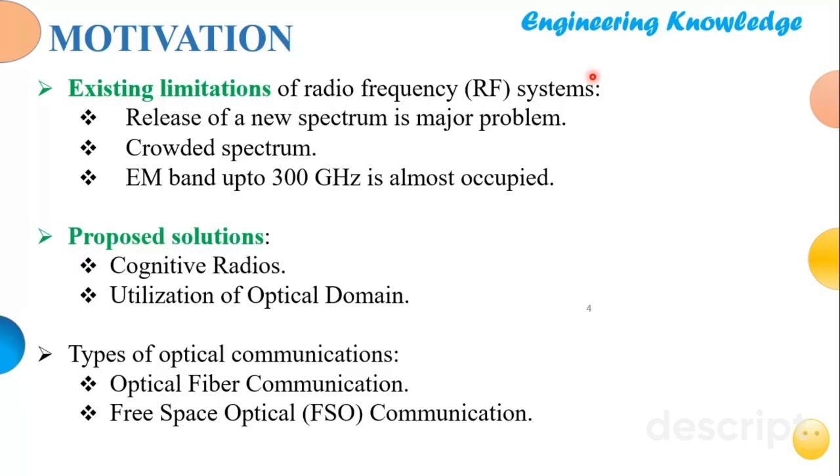The range of carrier frequencies that are available is very small, and therefore various solutions are being envisaged. One of those solutions is to signal in the optical domain. It has traditionally been done in optical fiber communication systems, but there is a latest technology that is being proposed in 6G communications, which is termed free space optical communication systems.